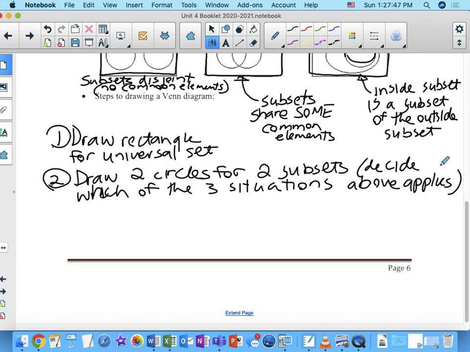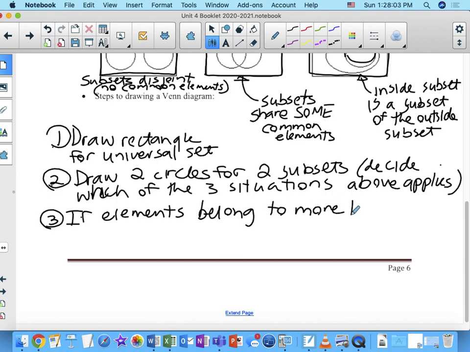Okay? Right? So if elements belong to more than one subset, okay, then the circles will either partially or completely overlap.